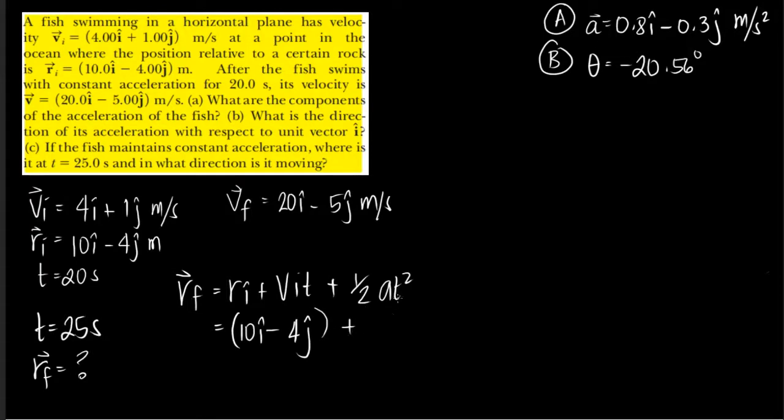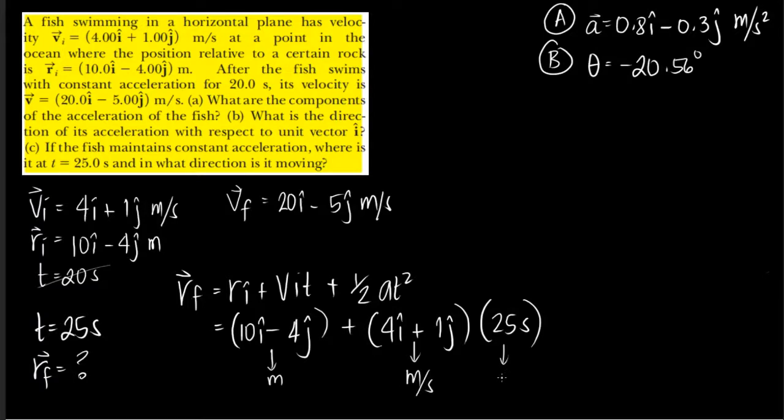Plus, I will put the units in meters. v i, 4i plus 1j. This one has time, right? Times 25 seconds. Velocity is meters per second times the time, of course, which is seconds.